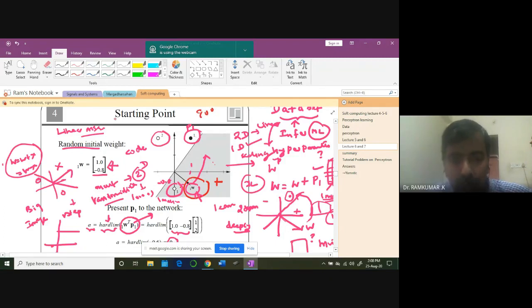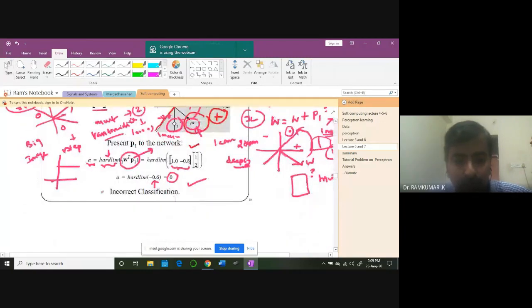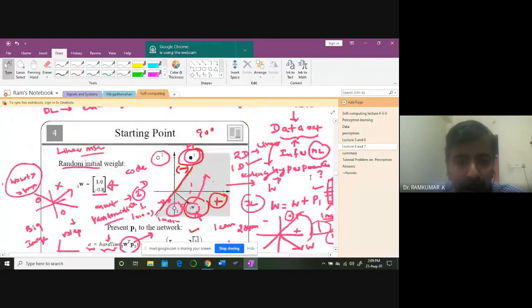It is a dot product, so cos alpha will be a positive value. But the key point is that this particular pattern is not classified. It is on the negative side. So we need to update the weights. Compute the hard limit function and then compute minus 0.6 is equal to 0. Everybody with me till this point? Anybody having any difficulty in understanding this particular slide? Please raise your voice.